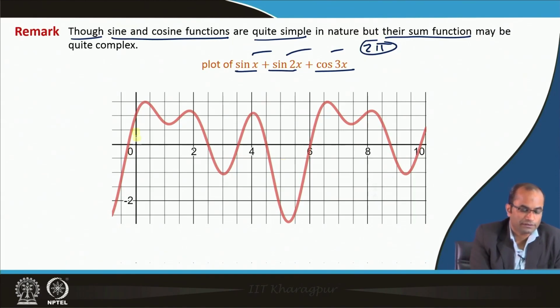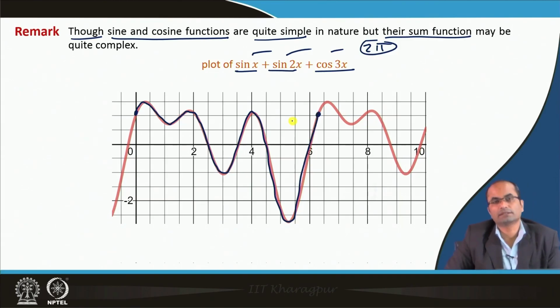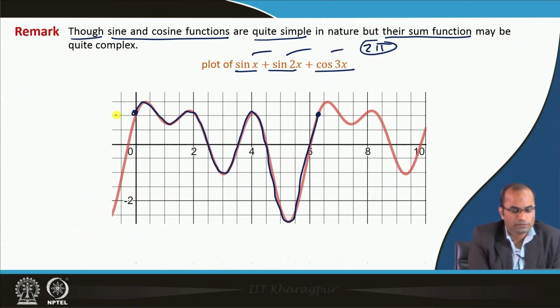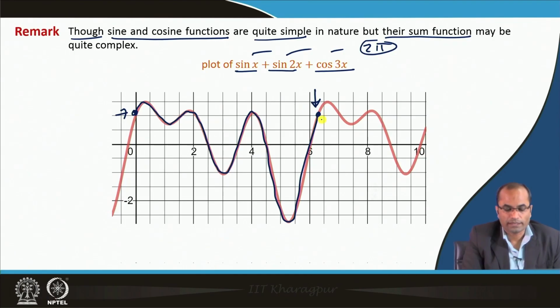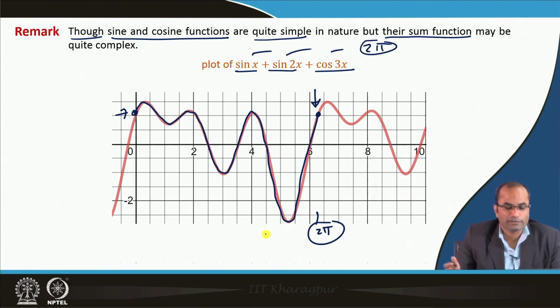Here, for instance, it starts from 0, has this curvature and goes up to 2π, and then again repeats its value. So, in one period the function starts from here and continues up to this point, and then it repeats its value. From here to this point it covers one period, that is 2π.